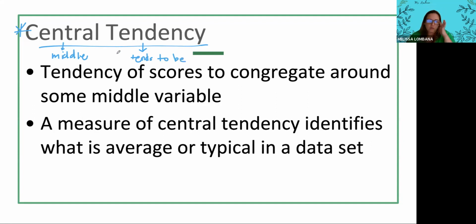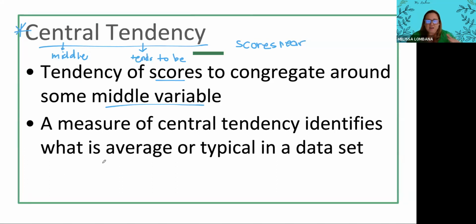So central tendency is that the data tends to be in the middle, which is what this definition says: scores tend to congregate around this middle variable, which means most of your scores are going to be near this number.